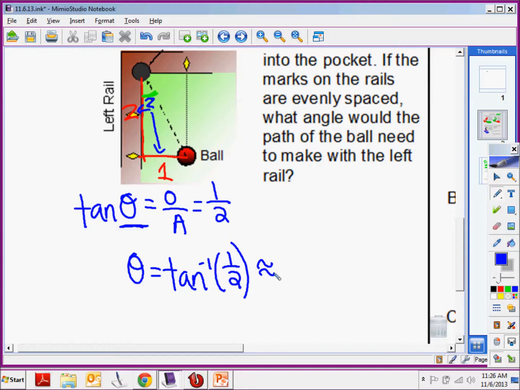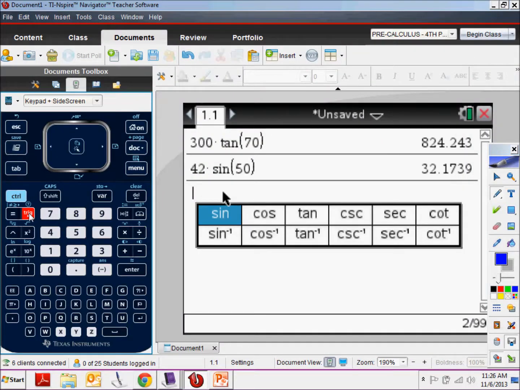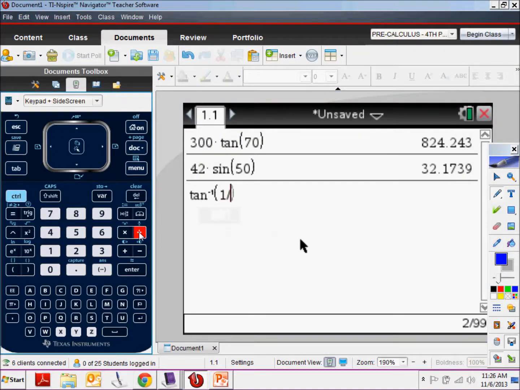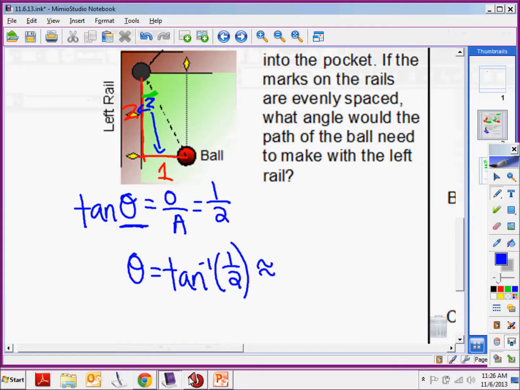I have to use their inverses. So I'm going to go 1 divided by 2. And I get my angle is about 26.57. So 26 and 57 hundredths of a degree.